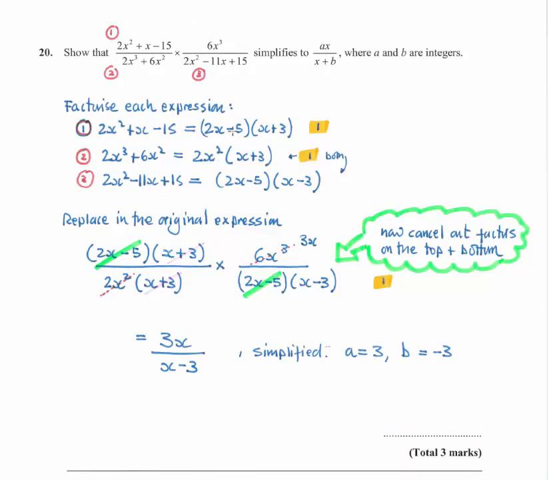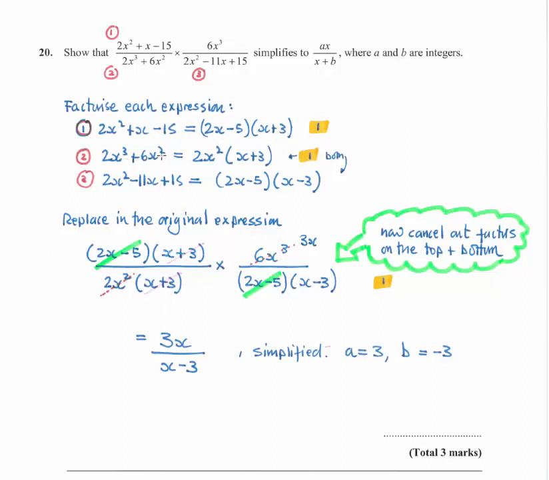Question 20, what we need to do is factorize this, because to simplify it we need to factorize it. We can't cancel out, say, 2x squared and 2x squared there because things aren't being multiplied. So we need to factorize. So 2x squared plus x minus 15, this expression here, will factorize into 2x minus 5 brackets x plus 3.